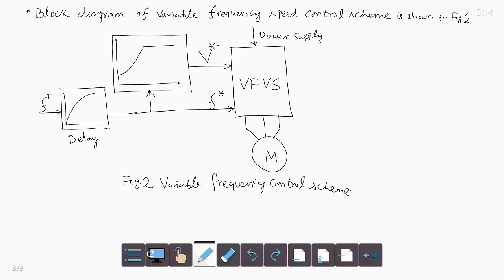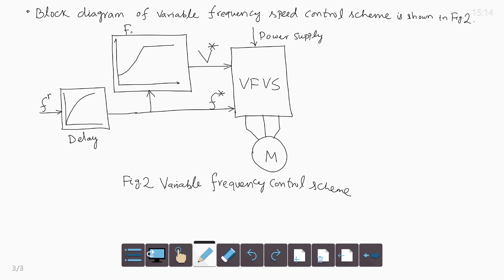The figure of a variable frequency control scheme is shown here. So, you have the VFVS, that is variable frequency, variable voltage source, feeding the induction motor. For the variable frequency, variable voltage source, V star is the command voltage and F star is the command frequency, and the command voltage is obtained from the command frequency F star through a flux control block.